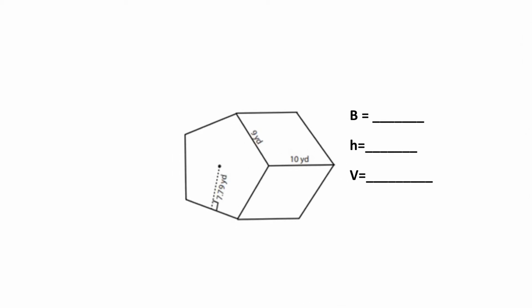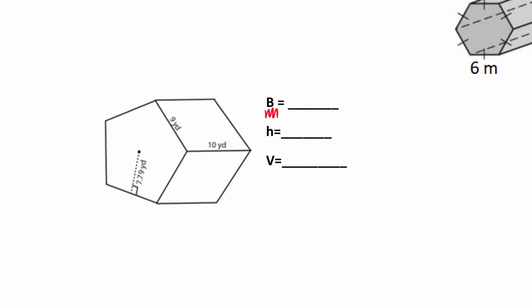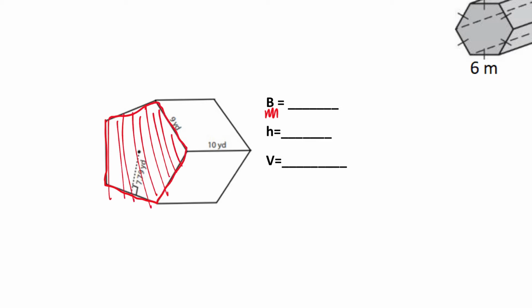All right, on this one, capital B is area of the base. So how am I going to find the area of this base right here? Good. Apothem times perimeter divided by 2. So we're going to have 7.79, which is the apothem, times the perimeter of that pentagon, 45, divided by 2. 28.